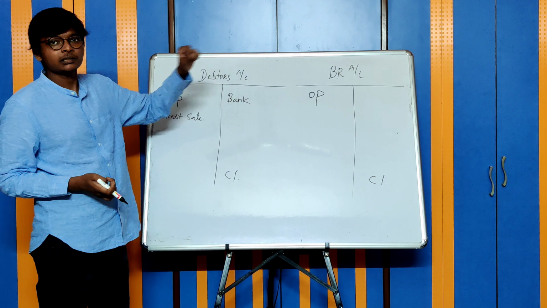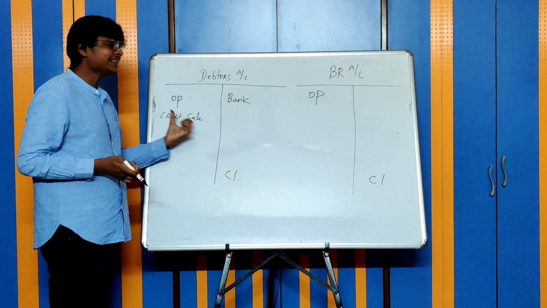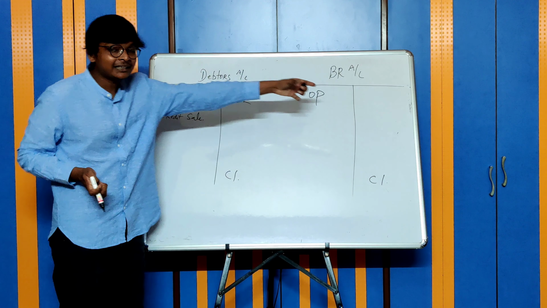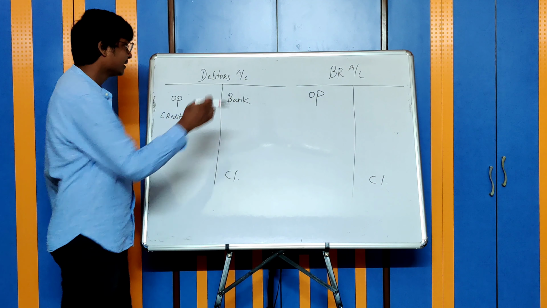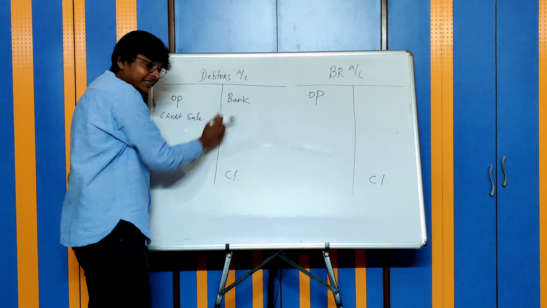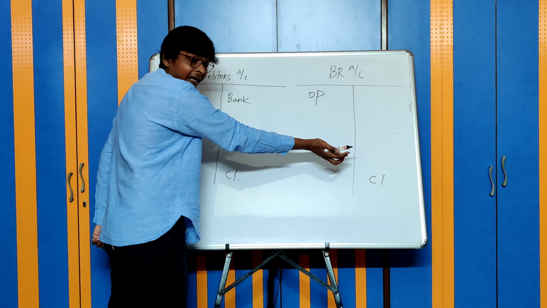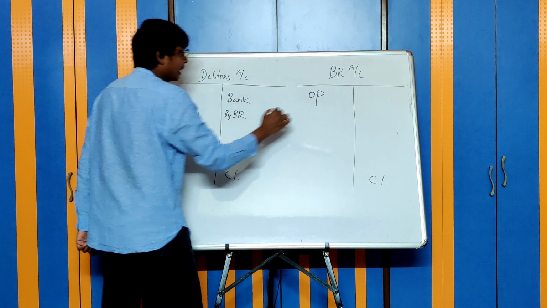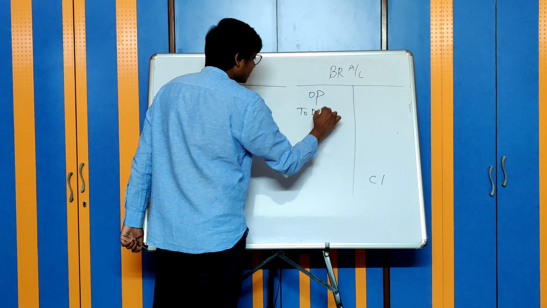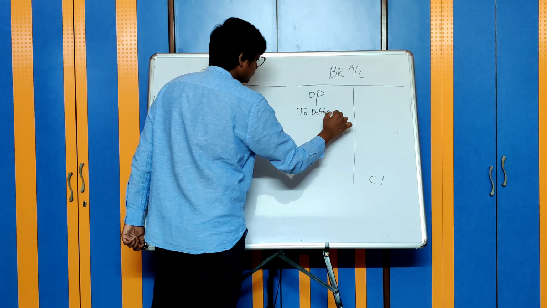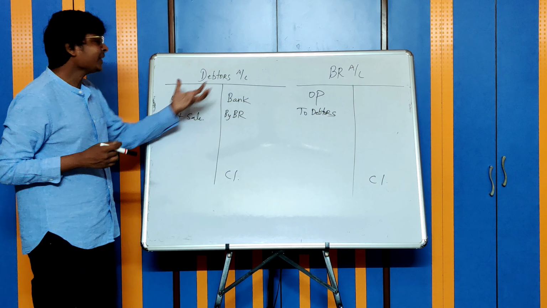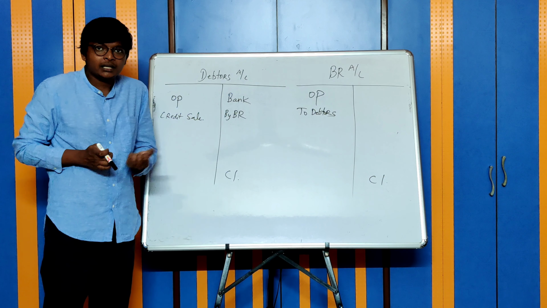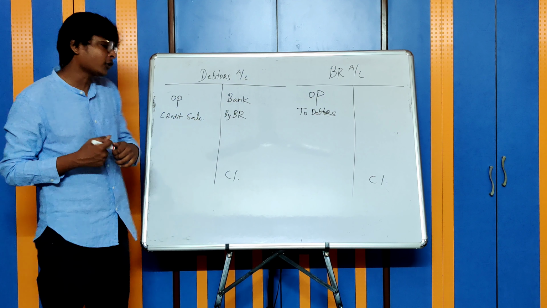Next, let us say I am converting my debtors to a bills receivable. Then my debtors balance will decrease and my bills receivable balance will increase. Hence, I will write by bills receivable and to debtors. If you feel the debtor might not make the payment, you will create a provision for the debtor.